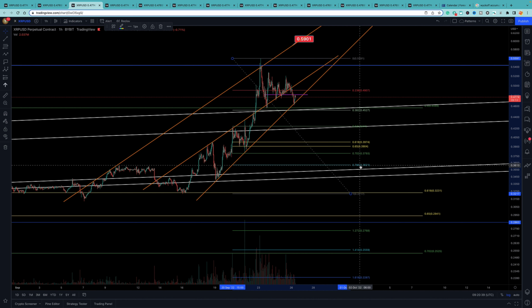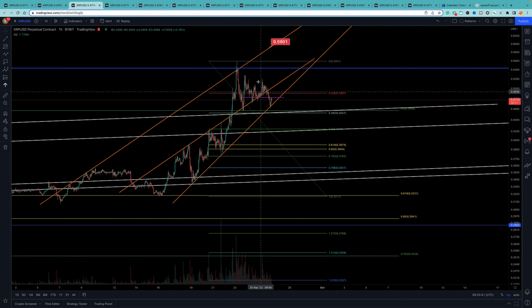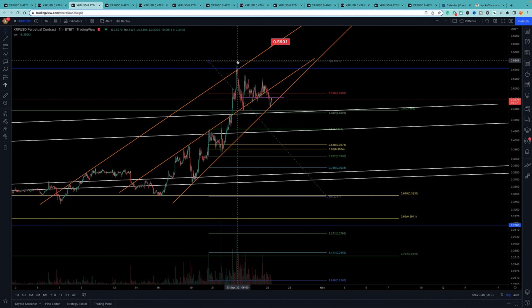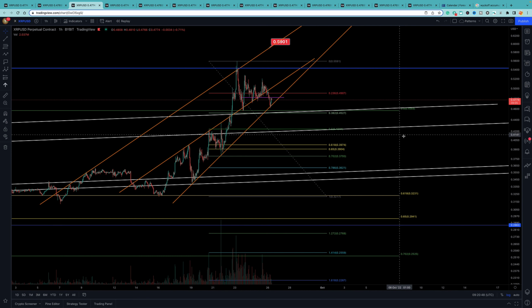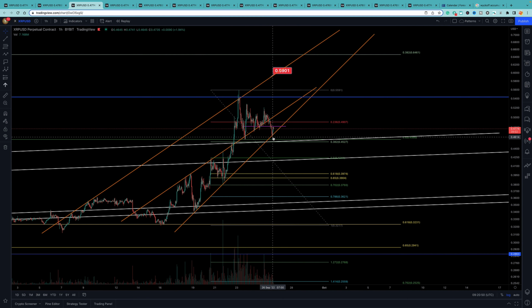So essentially 40 to 60. If it was going to do a 3, a 4, and then a 5, it may bounce off this and head on up. So we could be hitting the 382, might even be hitting the 0.5 and then heading on up. So we'll hit this level here and then bounce on up for one more push. So we're going to have a look at that in the MAs in a moment, yeah.